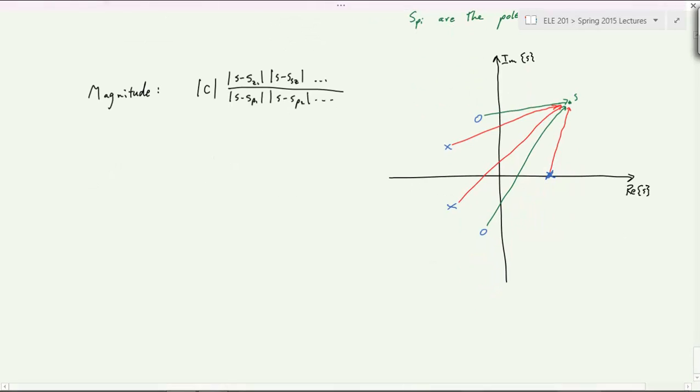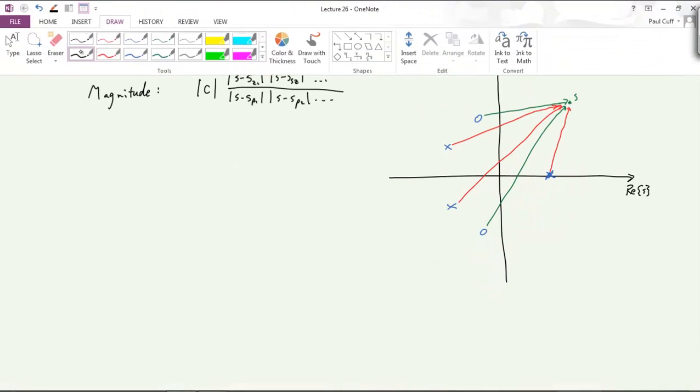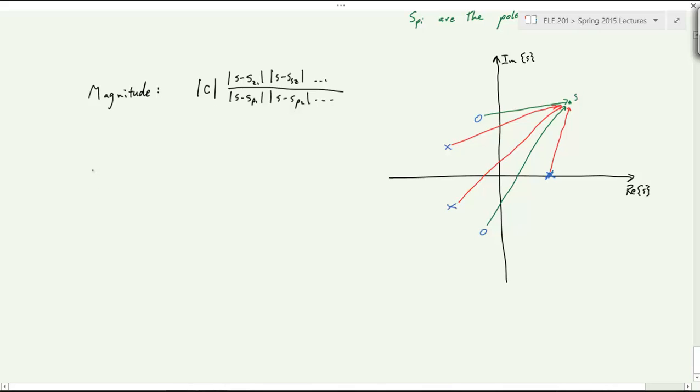What about the phase? Well, the phase also is quite simple. So the phase is just going to be the phase of C plus, remember phases add, the sum over all zeros of the phase of S minus S_Zi, minus the sum over the poles of the phase of S minus S_Pi.